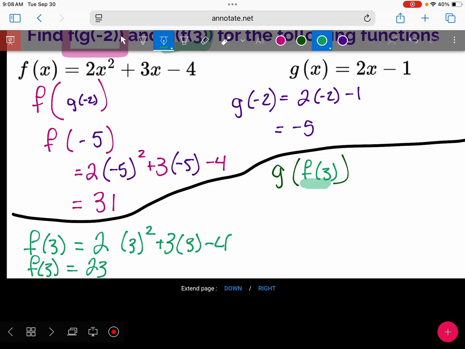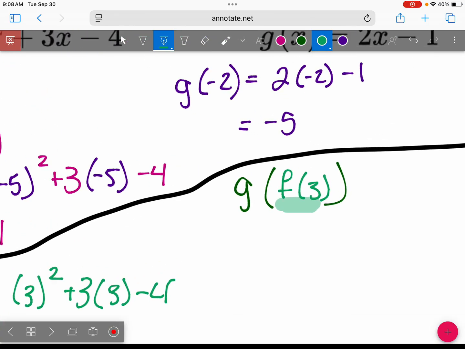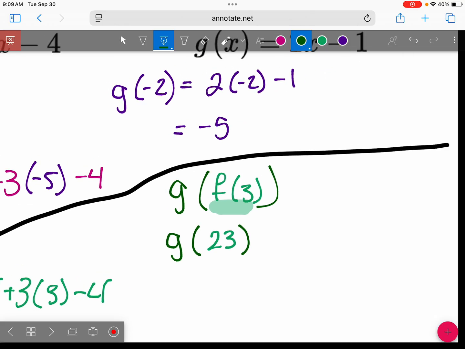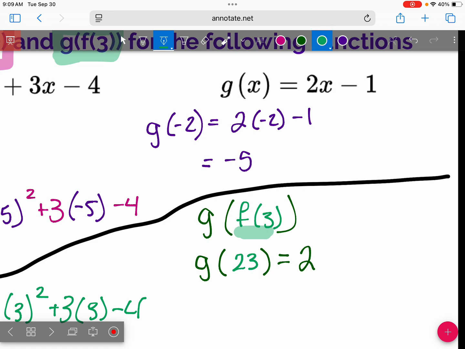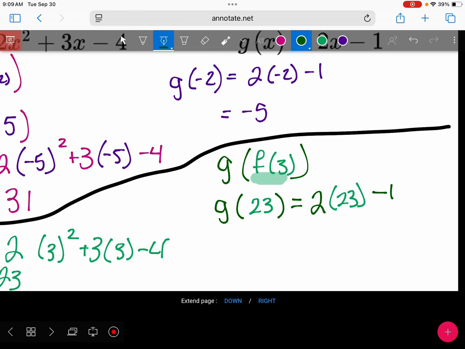And so now that we know that our f of 3 equals 23, I can come back over here to my g of, and instead of having f of 3, I know that equals 23. So we're going to substitute that in. So into the g function now, we're going to go with our 2 times that 23, and then minus 1. So what do we get? 45.